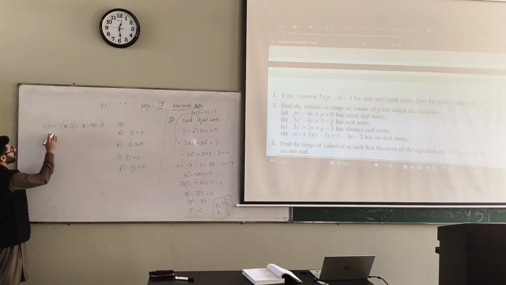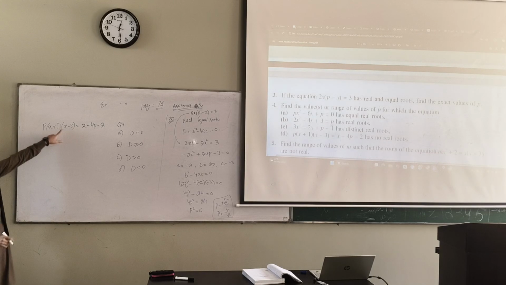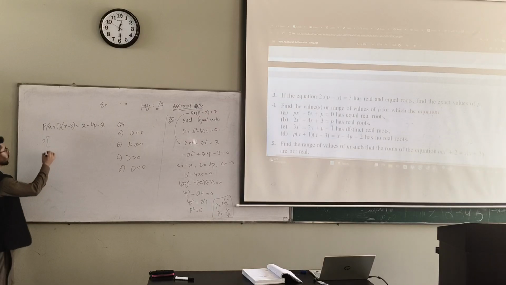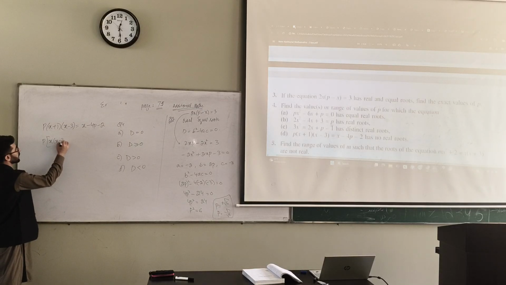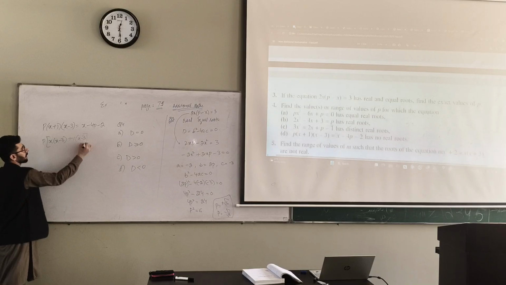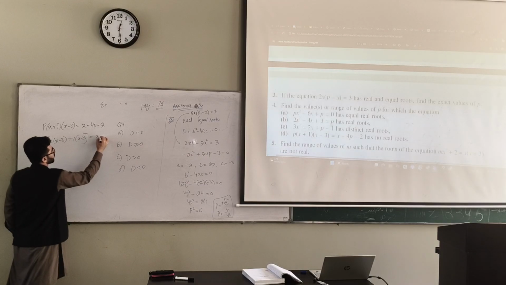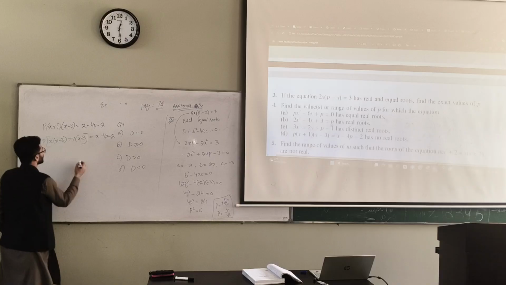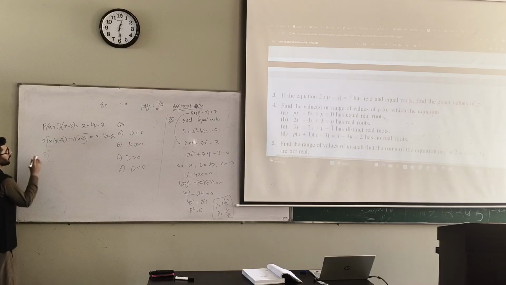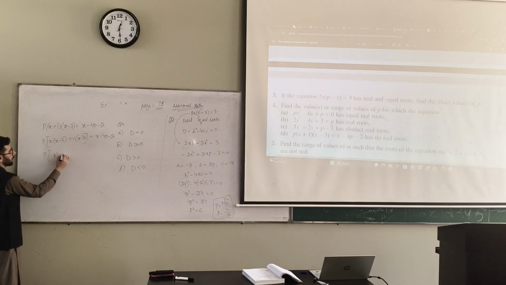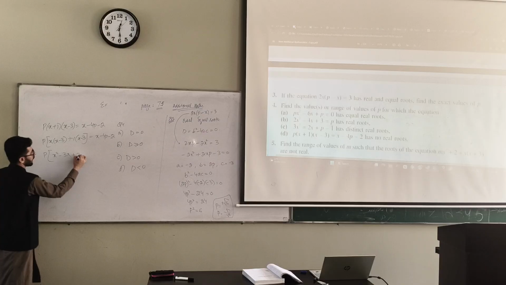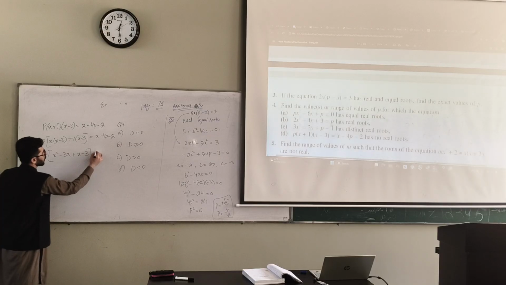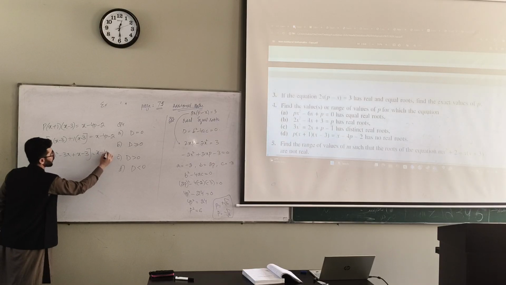So p multiplied with, we'll take x, distribute it over x minus 3. So x multiplied with x minus 3. Then we take plus 1 and distribute it over x minus 3. This side we are keeping the same for now. Then this will become p times x squared minus 3x plus x minus 3 equal to x minus 4p minus 2.